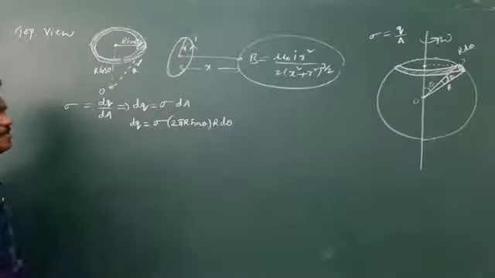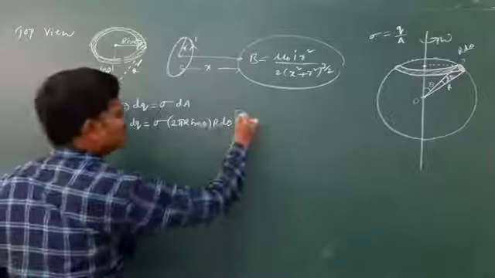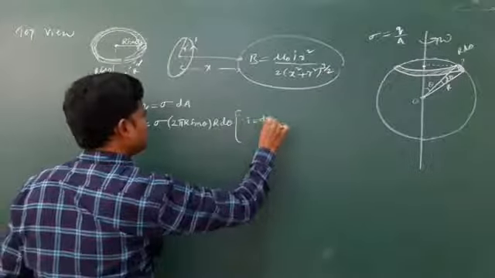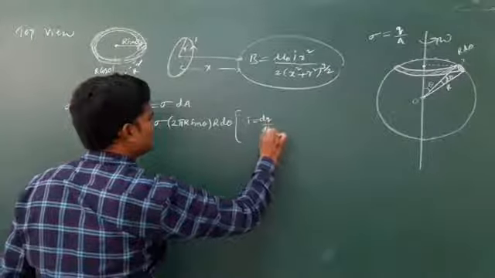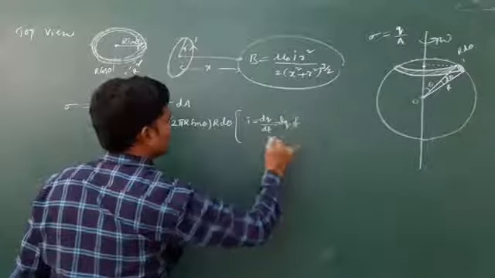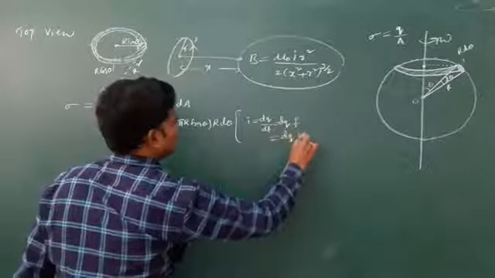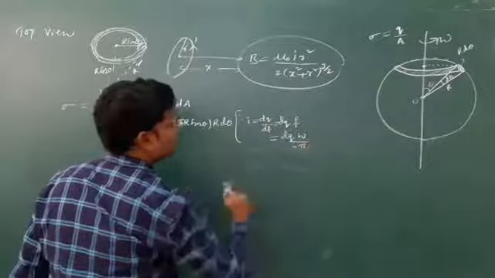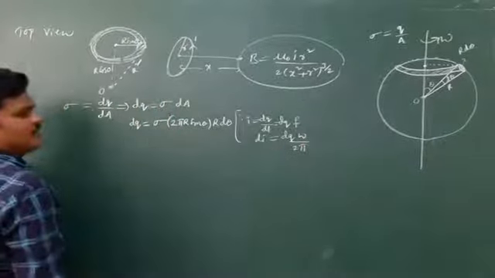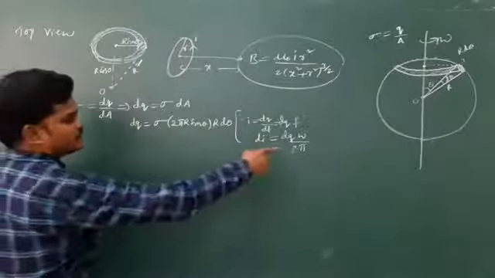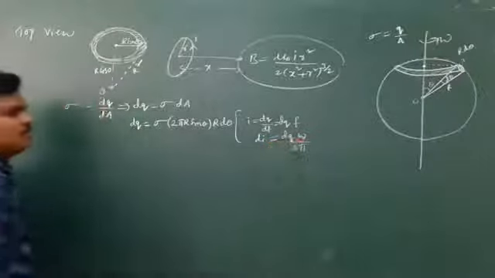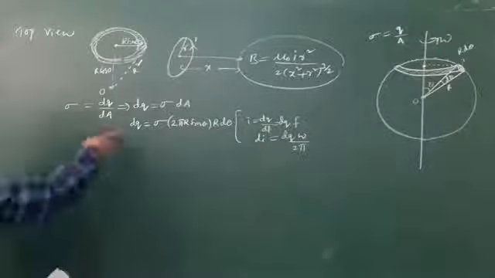Okay, dq is this much, but we know I is equal to dq by dt, nothing but dq into f, where f is nothing but omega by 2 pi. So dI is equal to dq omega by 2 pi. This is the dq I got.